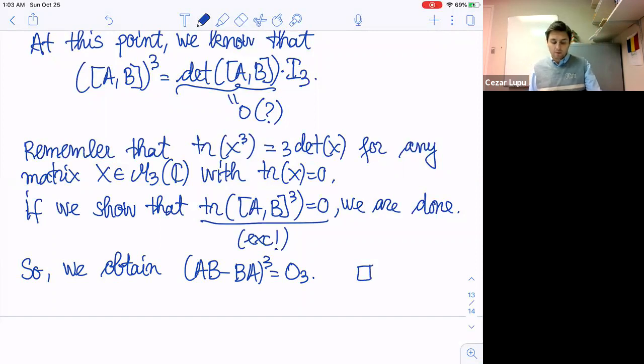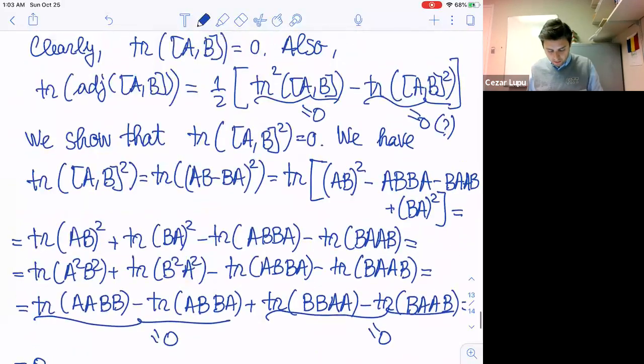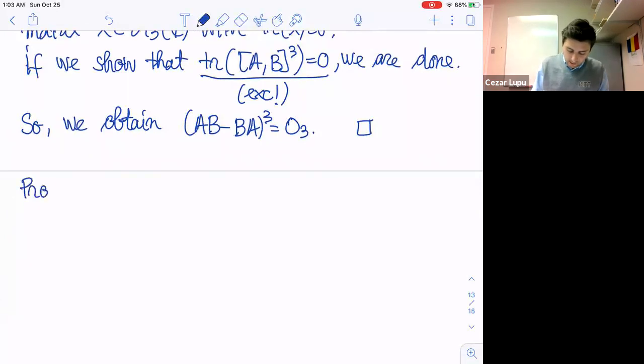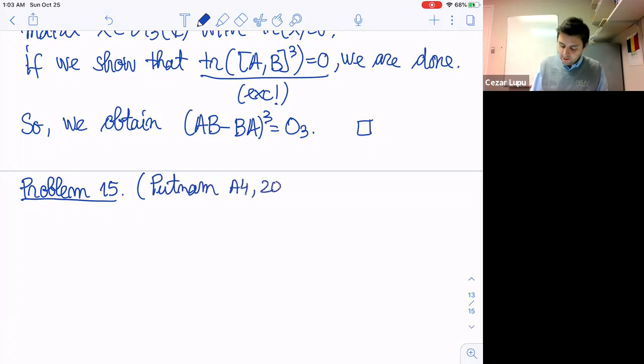And now, last but not least, I would like to do one more problem, and then I think I'm going to stop. So this would be problem number 15. And this was a Putnam problem. This was a Putnam A4 from 2002. Anyway, you will see that the problem is like a game, but anyway, let's see.